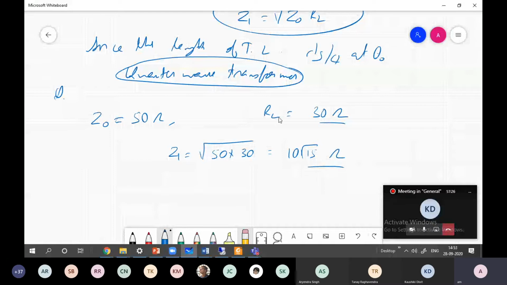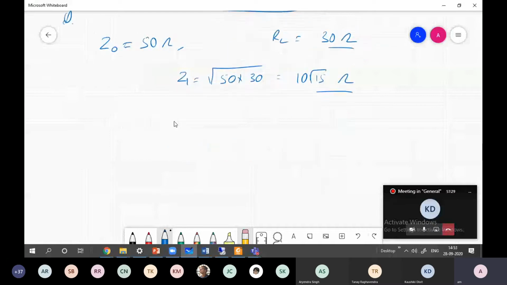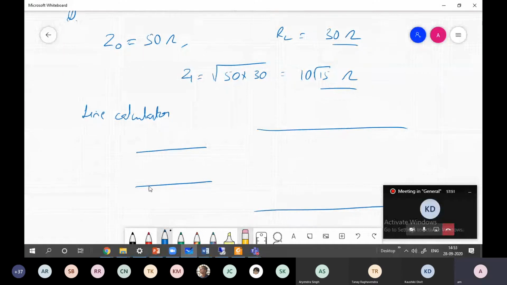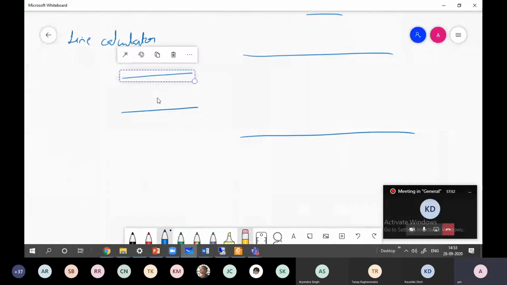So you need to design. First, from the microstrip line calculator, the basic thing is that you have to design. I'm drawing this top view.